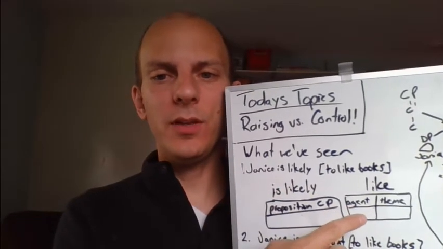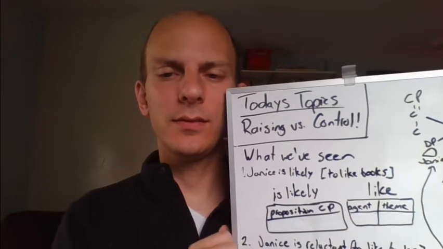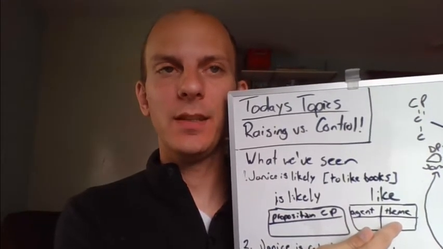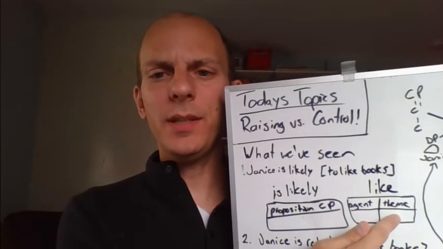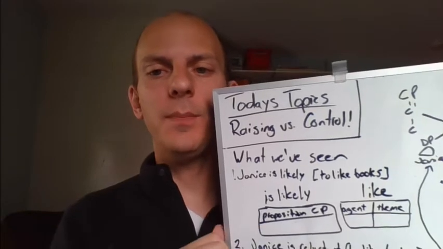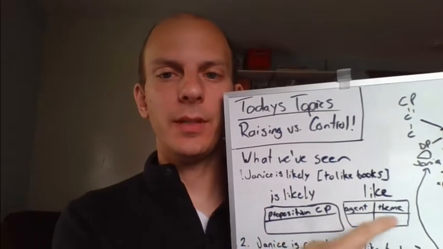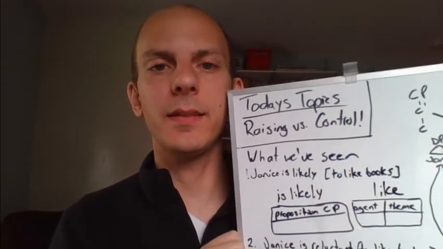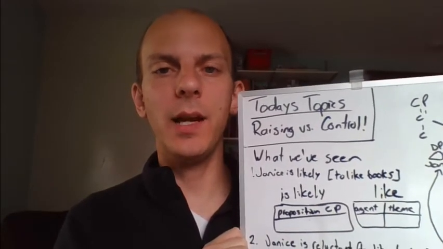Who's the agent? Who's doing the liking? Well, we'll start off with what's being liked. This is even easier. We'll go kind of right to left here. What is being liked? Well, it's books. It's obviously this DP books. So our DP books is the theme. It's appearing right next to like, so that's fine. It's in the same clause as the thing that's assigning its theta role, so we're happy about it.